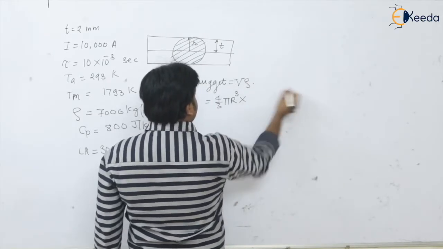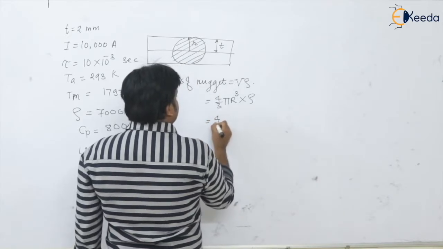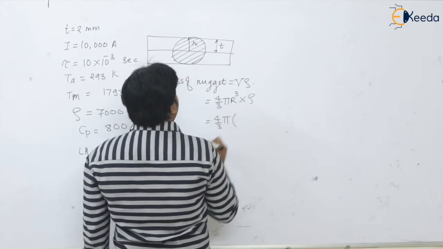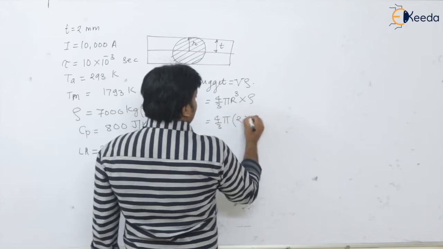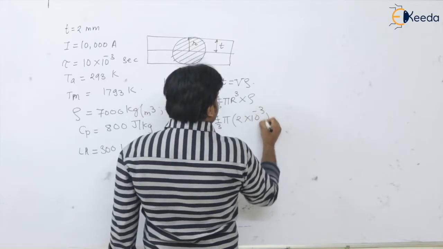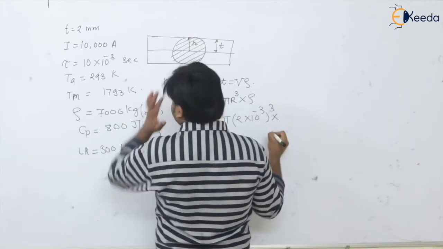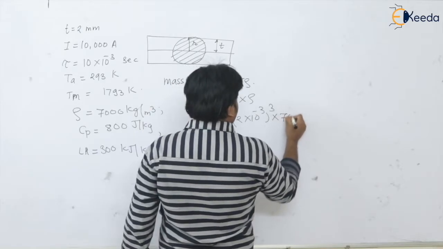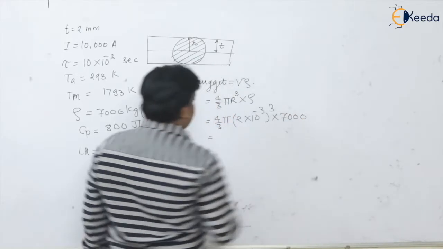So 4 by 3 times pi times the radius, 2 into 10 to the power minus 3, cubed, into density 7000. Calculate this.